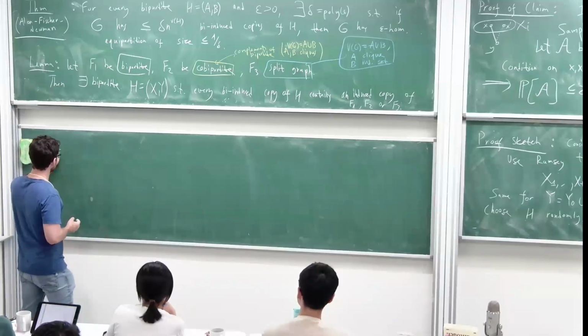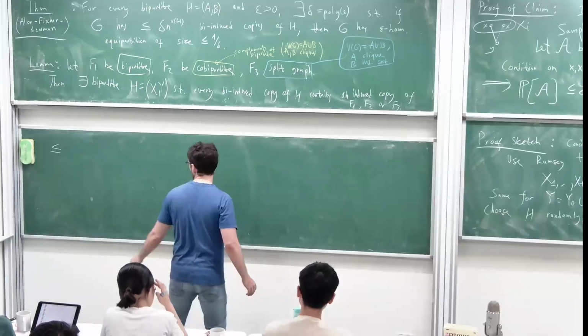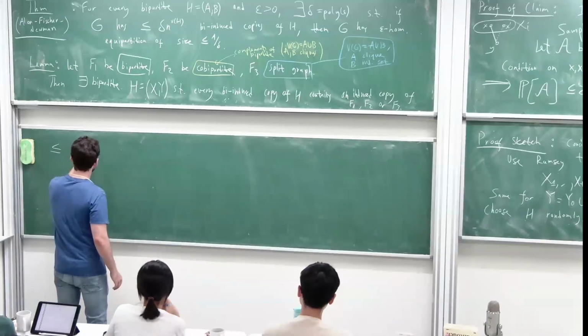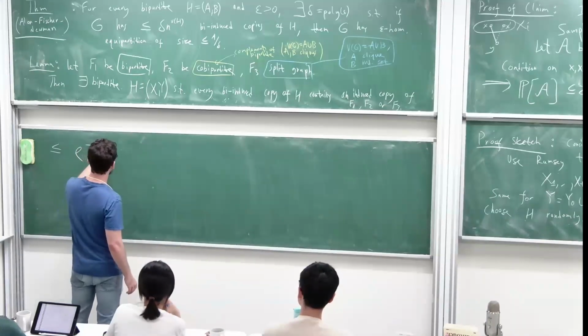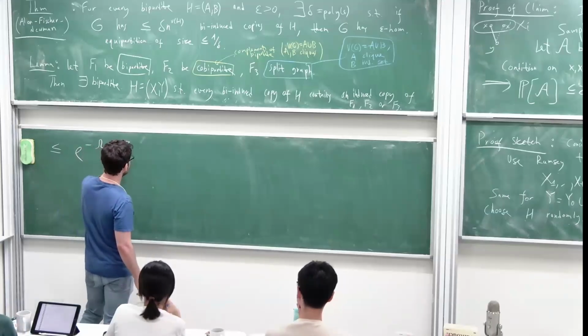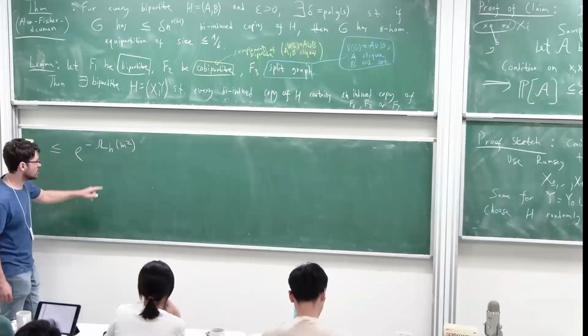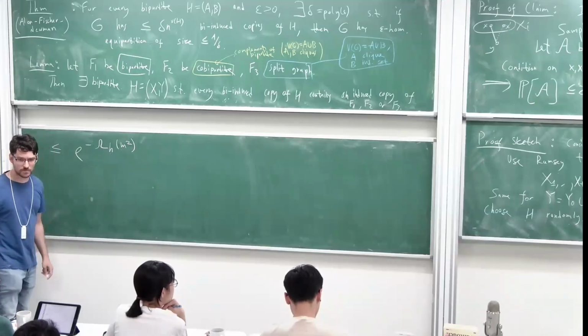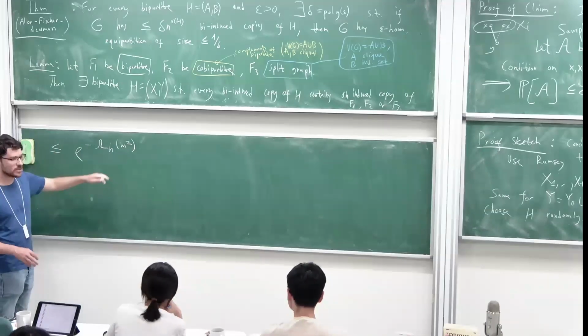If I continue from there, it's at most e to the minus c m squared, and the constant depends on h. But h is given, and we're allowed to choose m large.